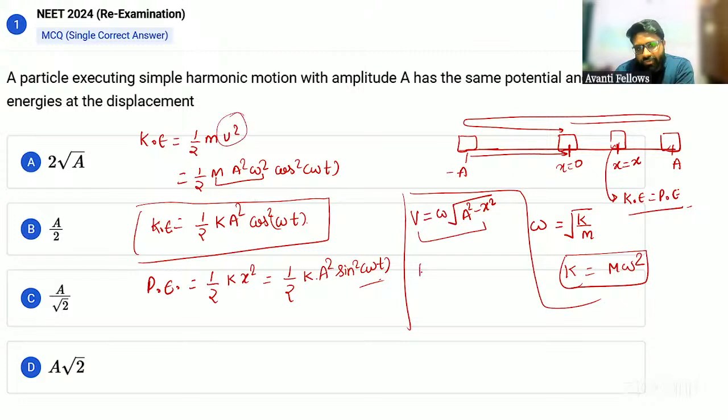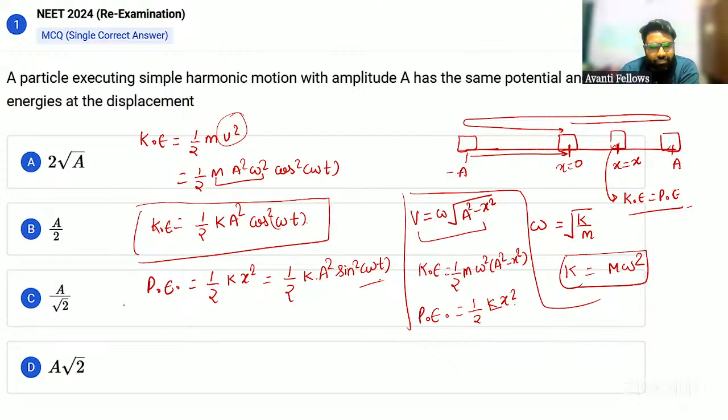So kinetic energy, 1 by 2 m v square, will become omega square into a square minus x square, and potential energy will become 1 by 2 k x square. Okay. Now look, k again we can write as m omega square.